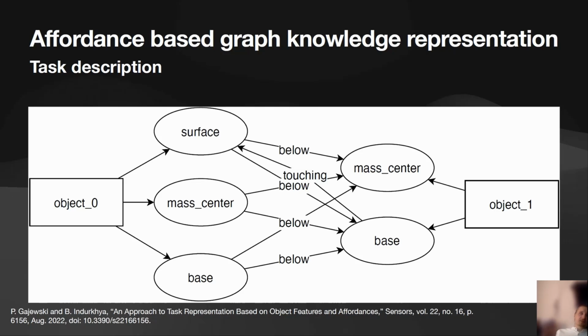It can be represented also as a graph. Here, because this comes from the real system, which doesn't know what a box is, it's object 0 and object 1. It doesn't matter what the objects are, but it matters that it has a surface and a base, and for instance, the base is below the mass center of the other object.